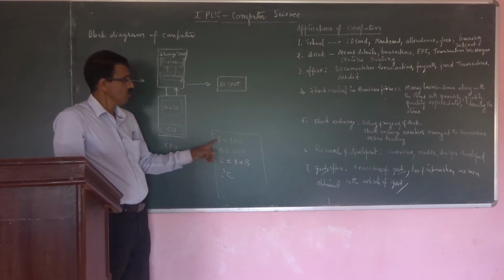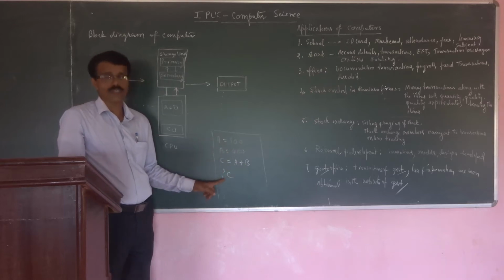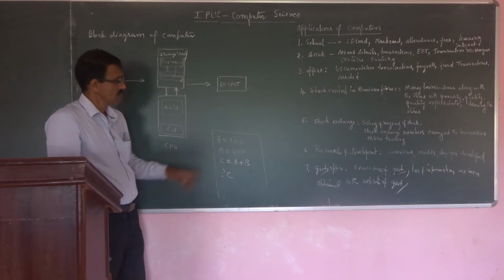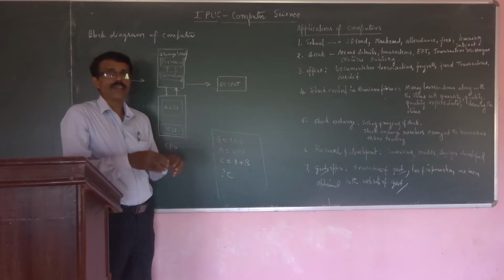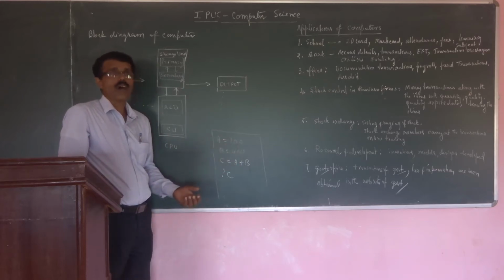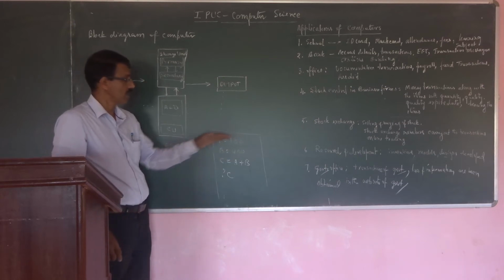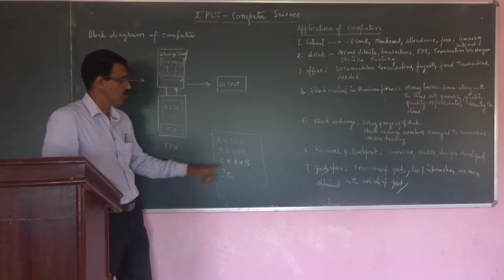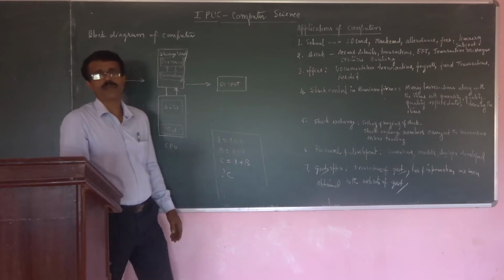A is equal to 100, B is equal to 400, C is equal to A plus B. What about C? Think: A is 100, and B is another data item that stores 400. Now A has 100, B has 400. If asked about C, where C is equal to A plus B, definitely you can say C is equal to 500.